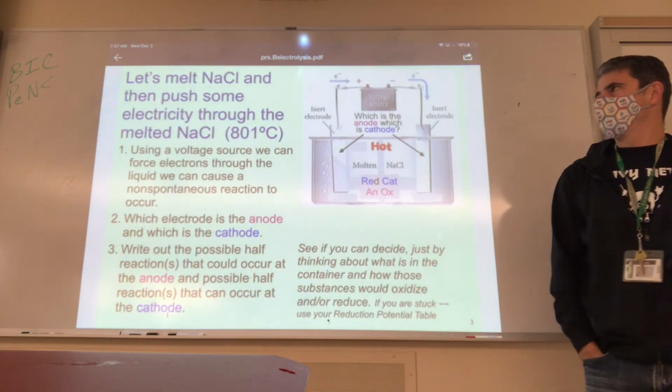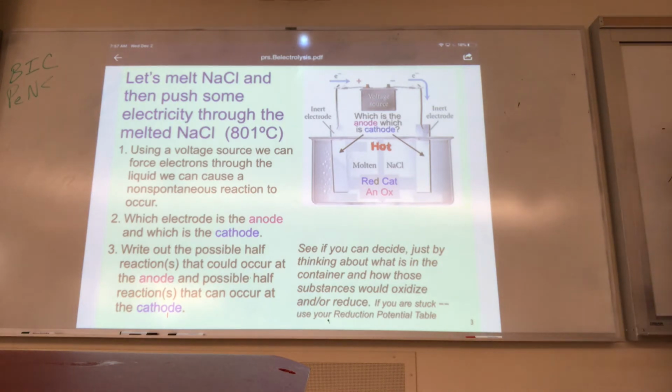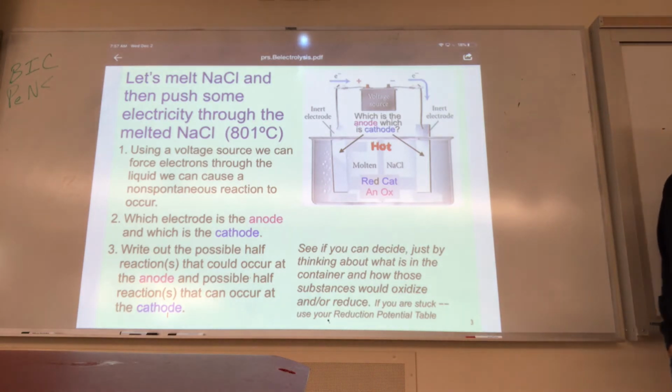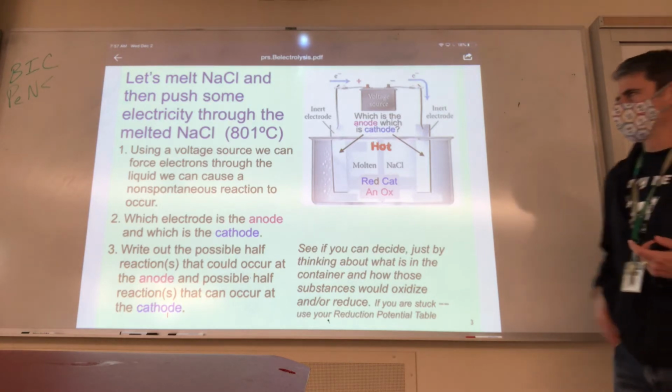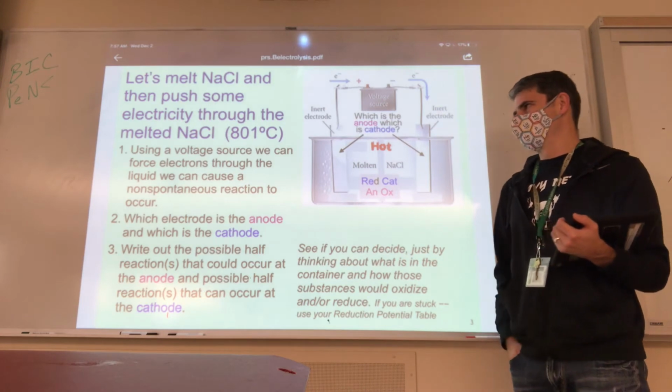So here's a reaction we're going to talk about. If we were to take some sodium chloride and melt it, and then push electricity through that melted sodium chloride, obviously we've got to get it to a pretty hot temperature to melt it, 801 degrees Celsius.